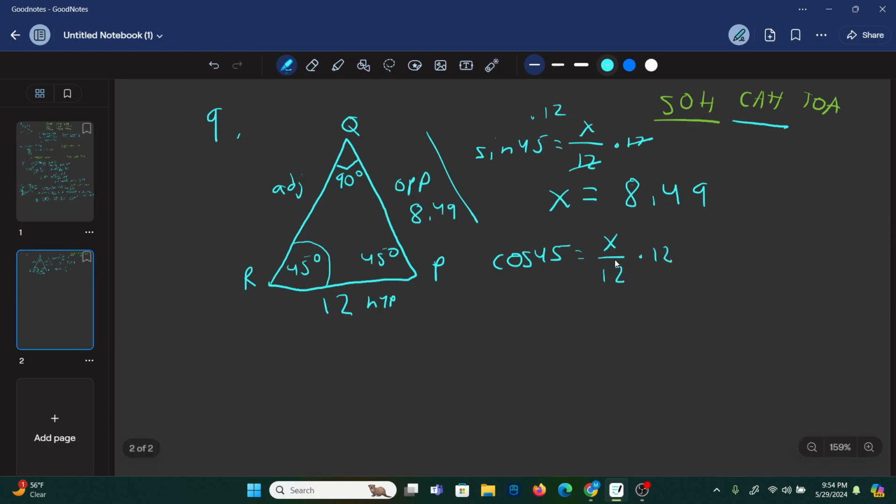So we multiply both sides by 12, and we get x equals cos 45 times 12. So we get 8.49, which is the same exact thing. I know this triangle is kind of bad.